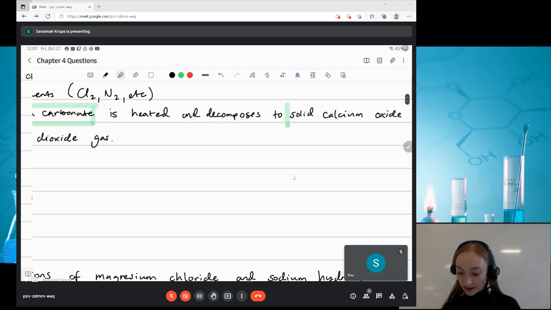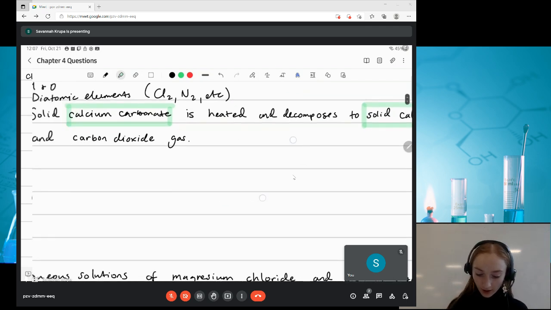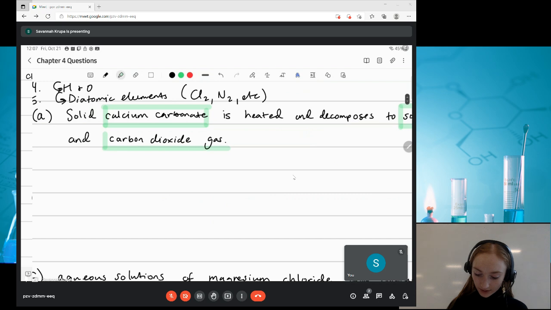Solid calcium oxide, so it gives us the state. And then we have carbon dioxide gas, so it also gives us a state. As well as the first one, calcium carbonate, is also solid. So it gives us all the states that we need.